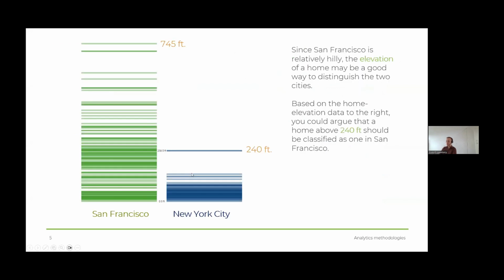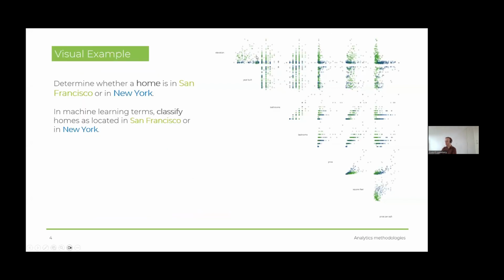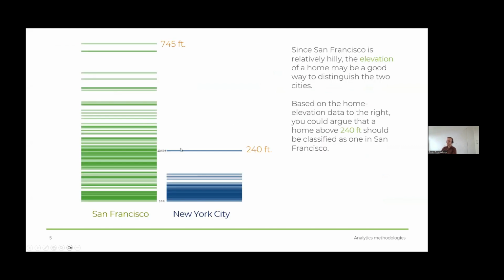It might be a little bit difficult to see from this overview, but the first feature that might appear like a good one to split on is the elevation. If you make this plot, each bar represents a house. Whenever the bar is denser or darker, that means there are multiple data points overlapping. Basically, you see each house in San Francisco and New York and their elevation.